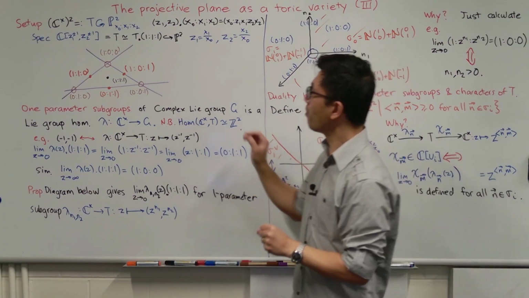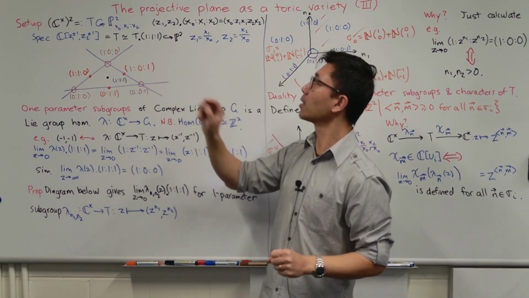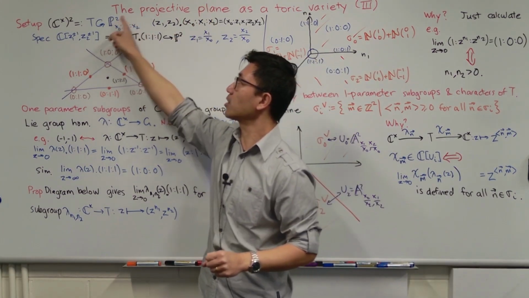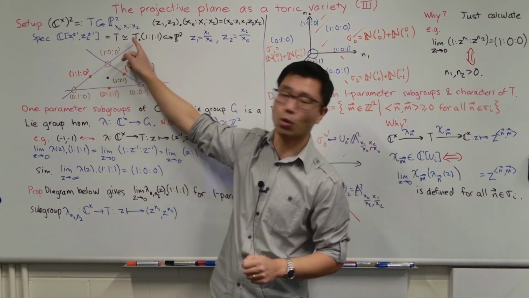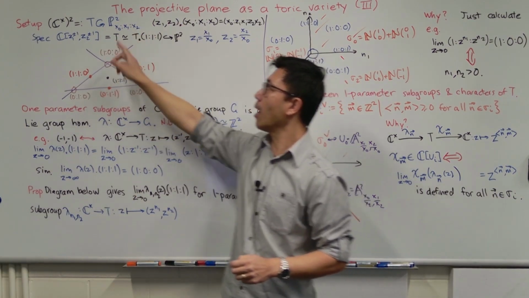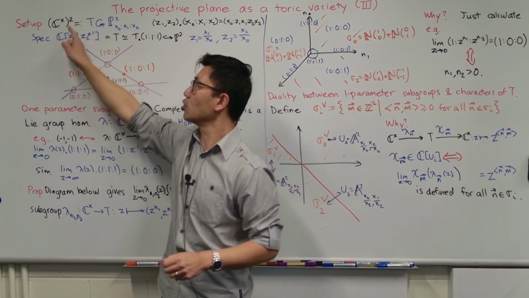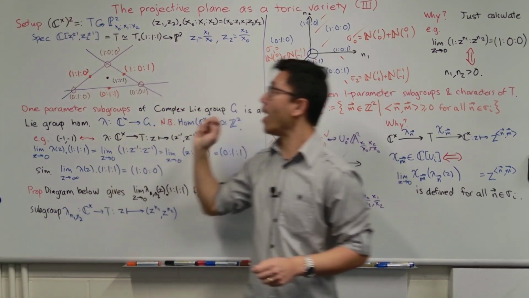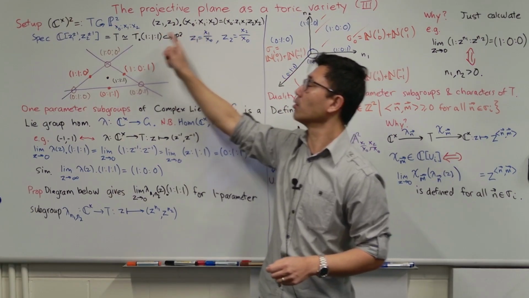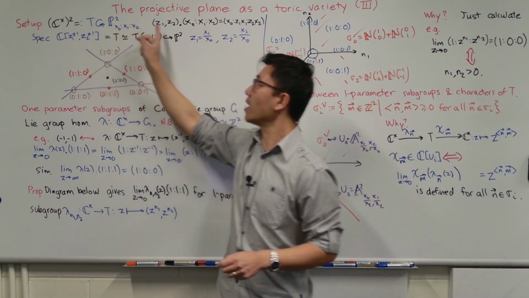Okay, so let's just remind ourselves of the basic setup here. So here we have the projective plane with homogeneous coordinates x0, x1, and x2. The complex torus T of dimension 2 is C cross to the 2. And we have the action on the projective plane as follows.